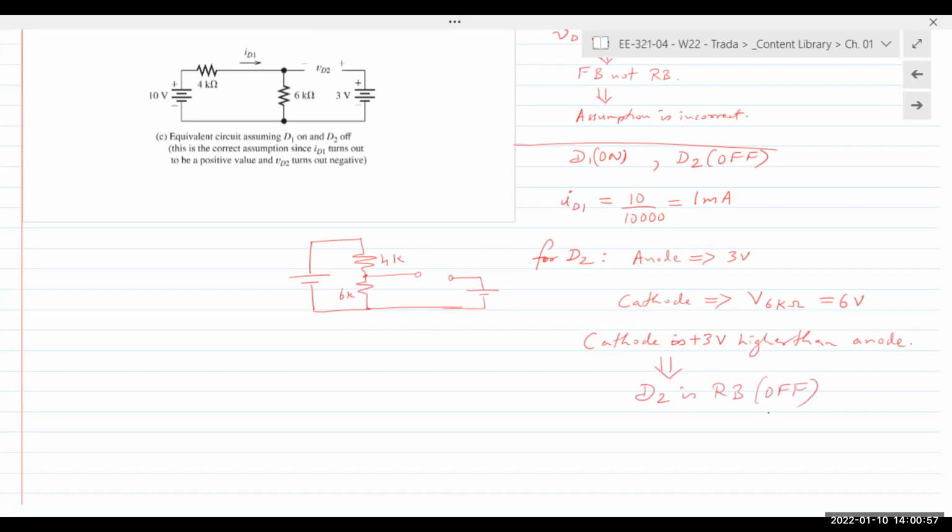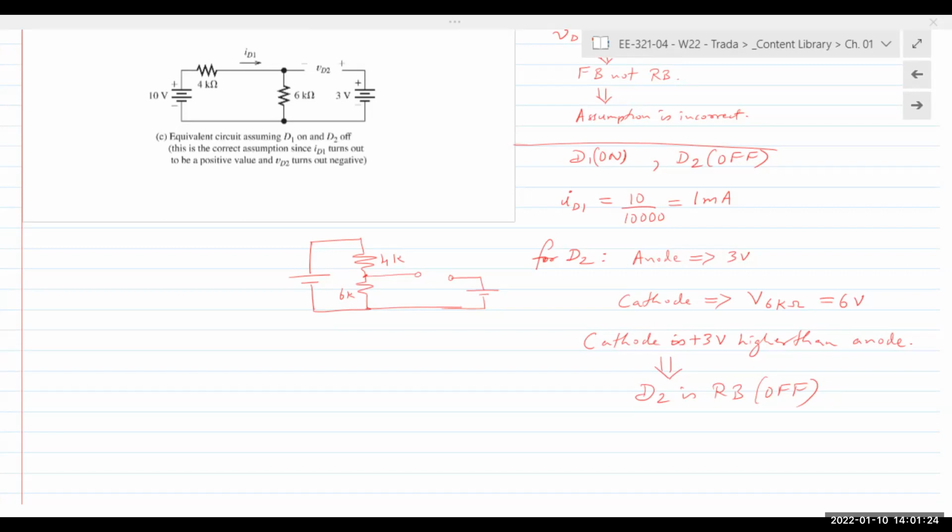And that's what I was trying to explain at the beginning of the problem. Logically speaking, if I look at the circuit diagram, I have 10 volts here and I have 3 volts here. So my natural inclination would be to say that this diode is on and this D2 is off. Again, your assumption should be based on a certain logic, but even if it's not, we always go back to step 1 and change our assumption and redo the analysis.